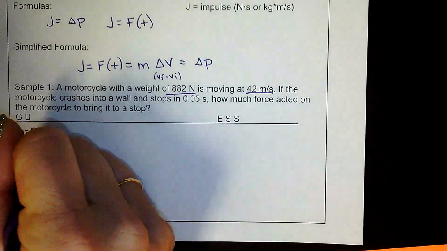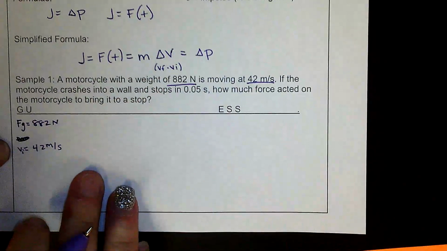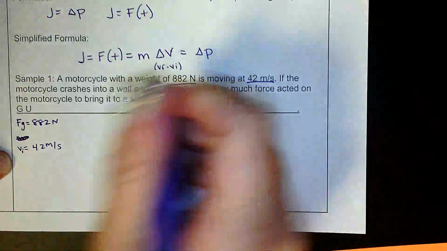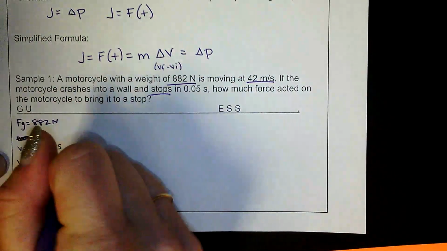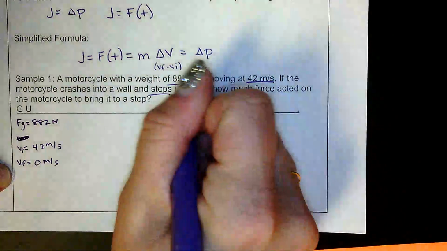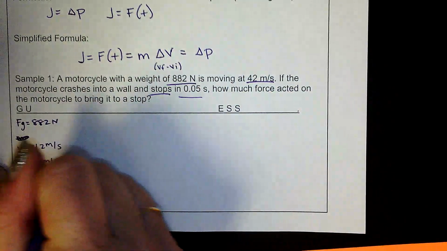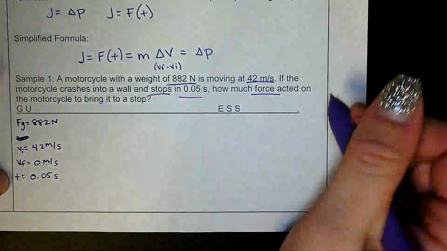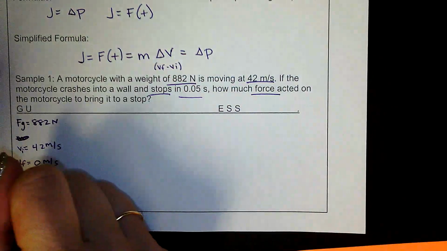That's going to be my initial velocity, my VI. If the motorcycle crashes into a wall and stops, that tells me my VF is going to be 0. And I'm given a time of 0.05 seconds. How much force acted on the motorcycle to bring it to a stop?